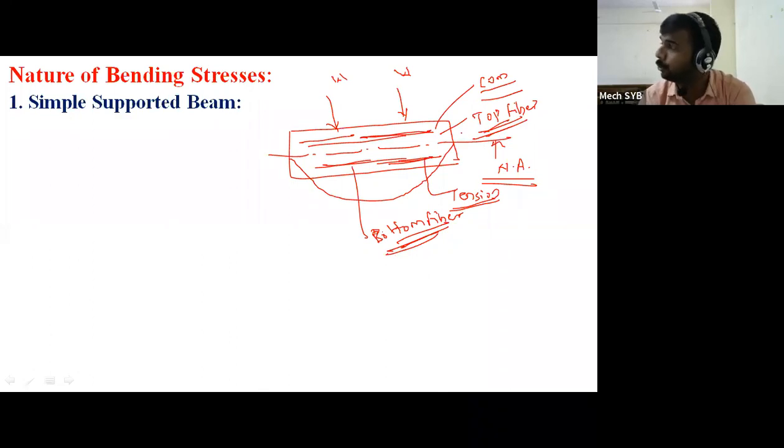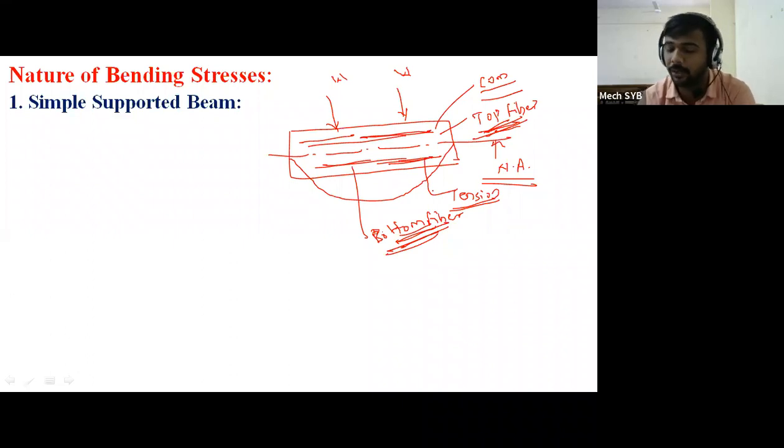Whenever an MCQ question is asked based on this nature of the bending stresses, they use words like top fiber and bottom fiber. This we also discussed in the previous lecture, how the beam is subjected to tension and compression when it is subjected to loading.